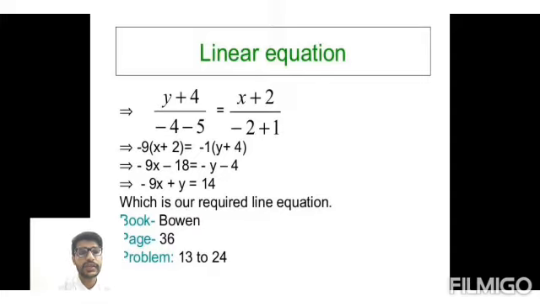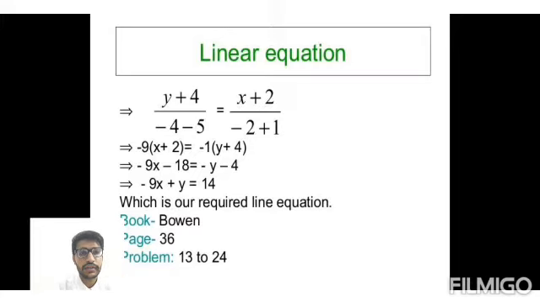Then you shift the 4 and the 18, the sign is changed: minus 9x plus 18 minus 4 is equal to 14. So 9x plus y is equal to 14, which is our required line equation.